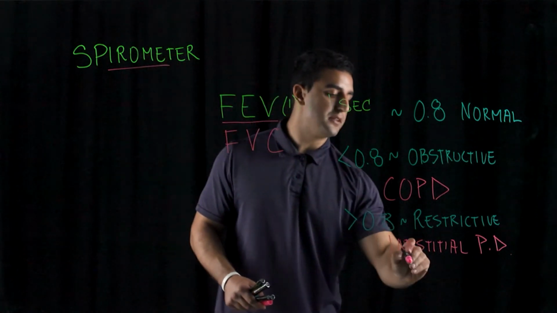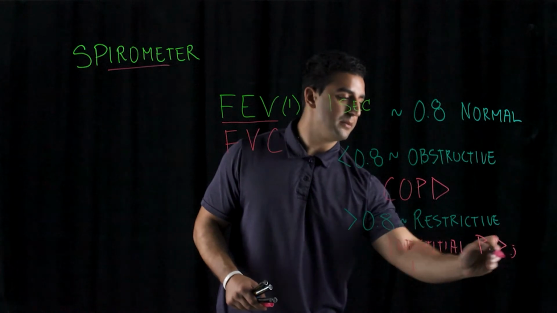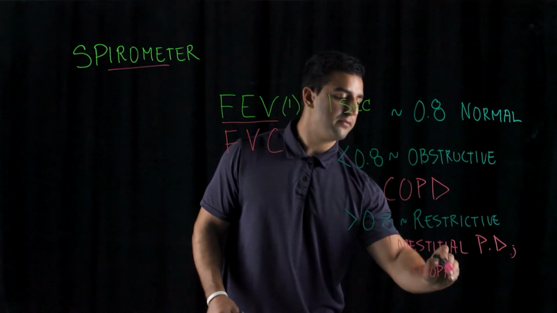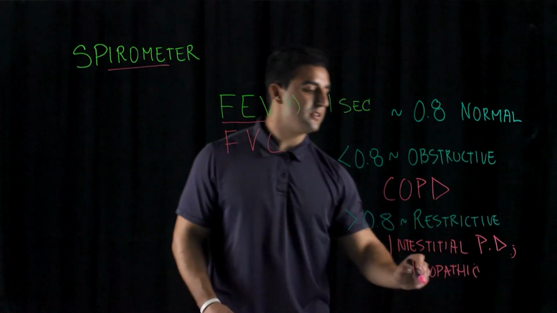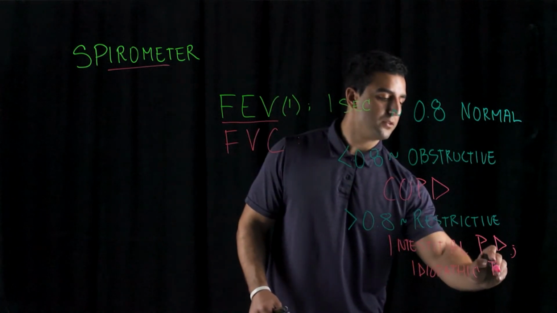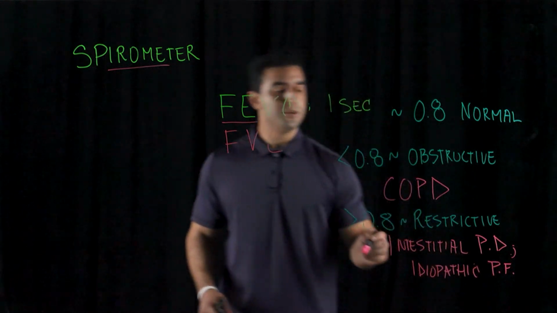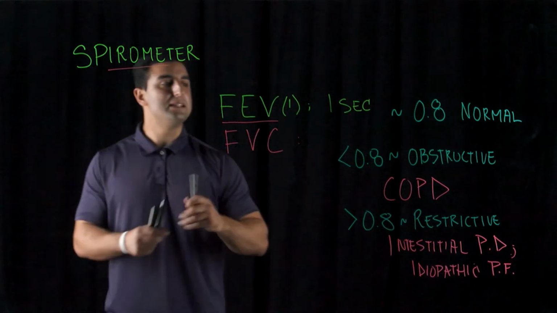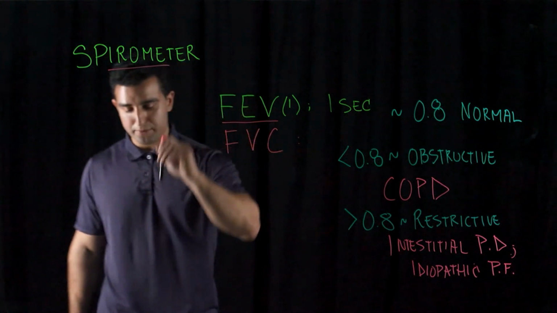An example that we talked about in the beginning of the video was idiopathic pulmonary fibrosis. This is a type of fibrosis where we don't know the actual cause of it. They're still figuring that problem out, but this can be detected using this spirometer.